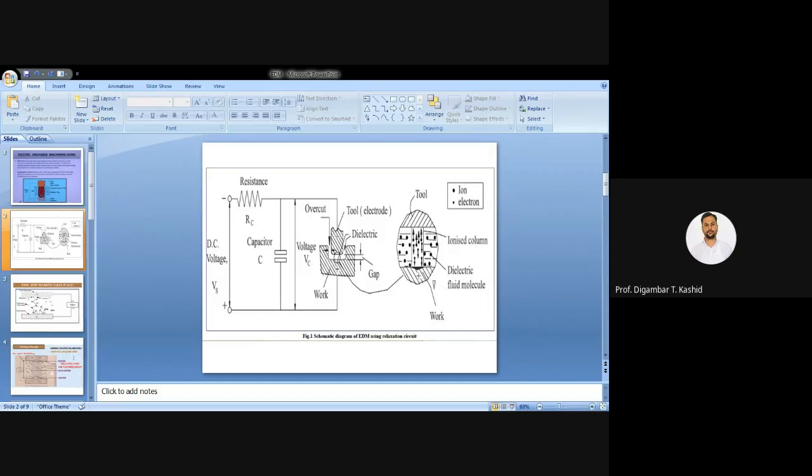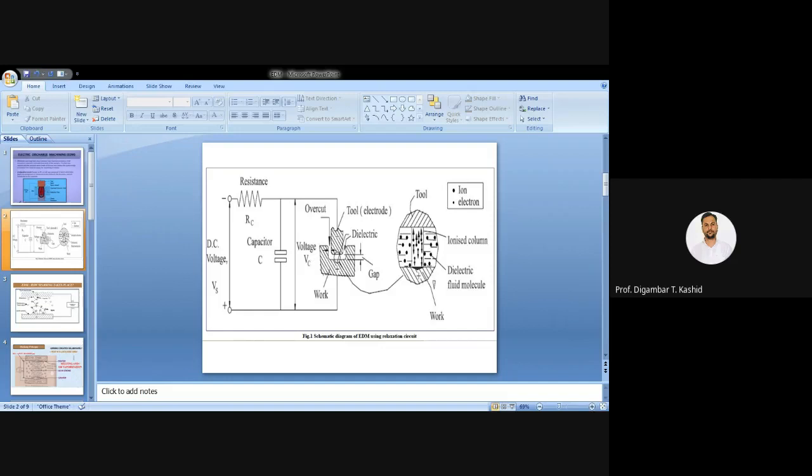The tool will act as a cathode, and the workpiece will act as an anode. Both electrodes are immersed in the dielectric fluid.